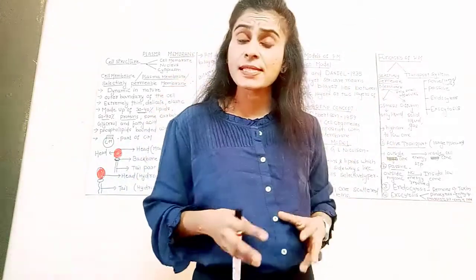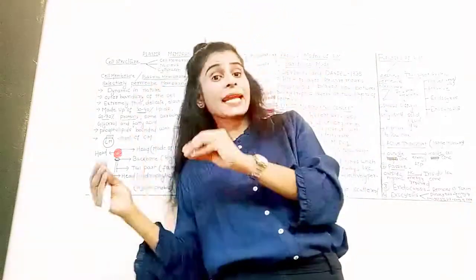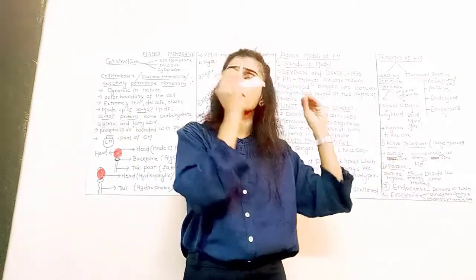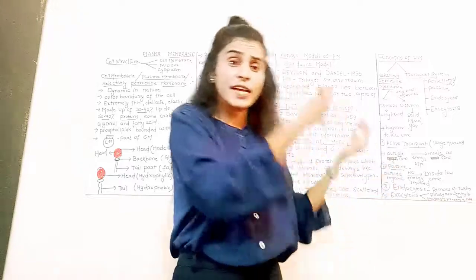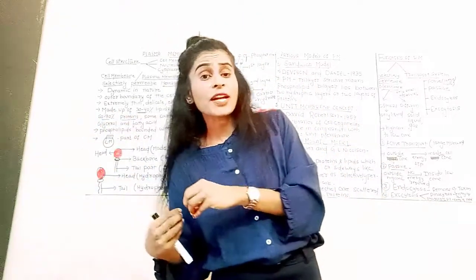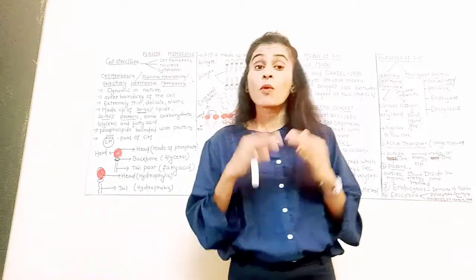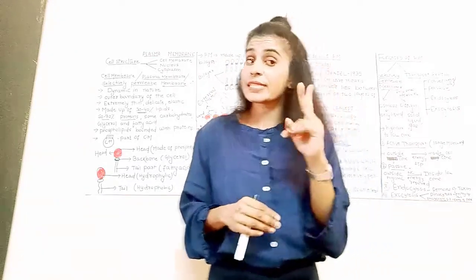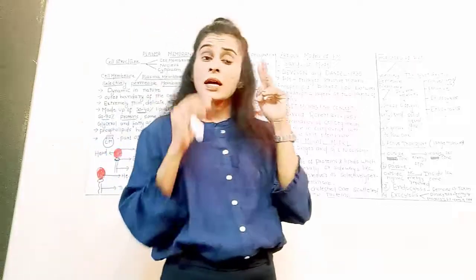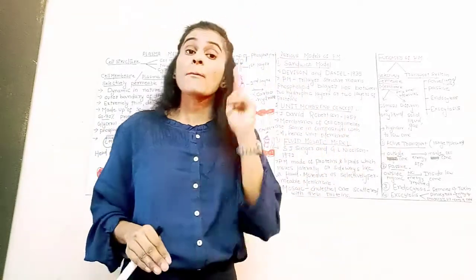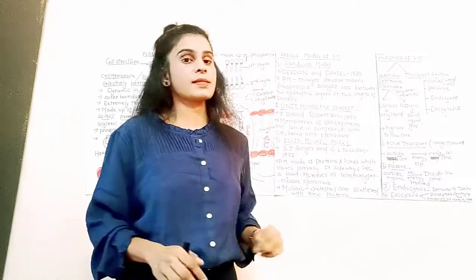How do these molecules move in and out of the cell? How do the oxygen molecules or the carbon dioxide molecules move inside the cell, and how do carbon dioxide molecules move out of the cell in our body? What is that system called? The molecules generally move in and out of the cell by two main processes.